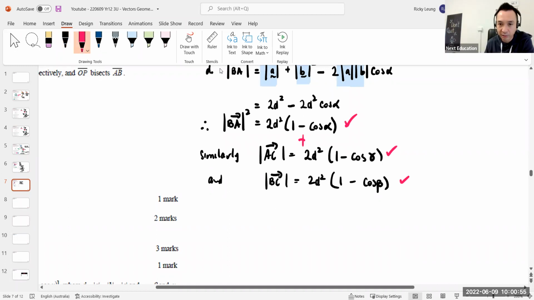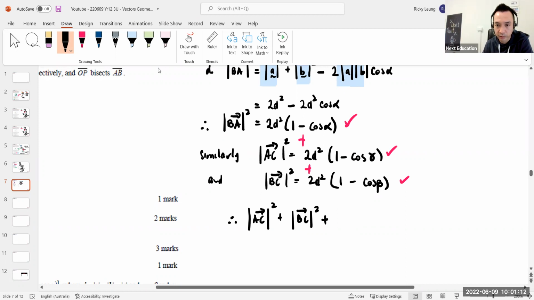Just add all left and right hand side. So, therefore, I'll put it in the order that they have downstairs. AC, sorry, that's squared, right? Vector squared, magnitude squared, this guy squared, this guy squared equals something now.